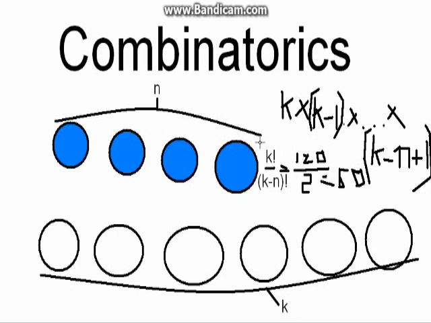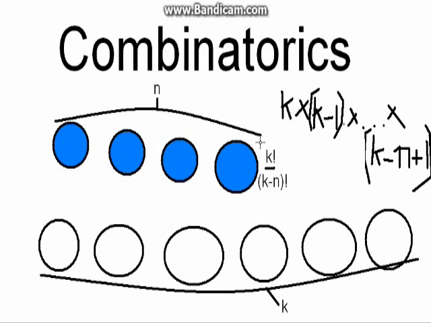But what about the amount of combinations? Well, it's actually quite simple. Remember, we already have this, and to get the amount of combinations from the number of permutations, you just divide by the amount of different ways the objects can rearrange themselves. So we've currently got n objects. So now we want to know how many different ways can n objects rearrange themselves.